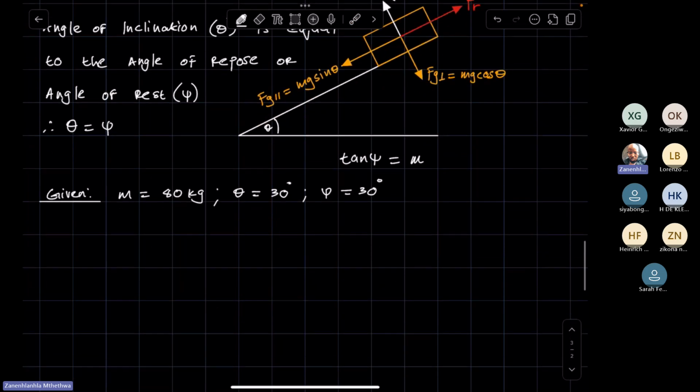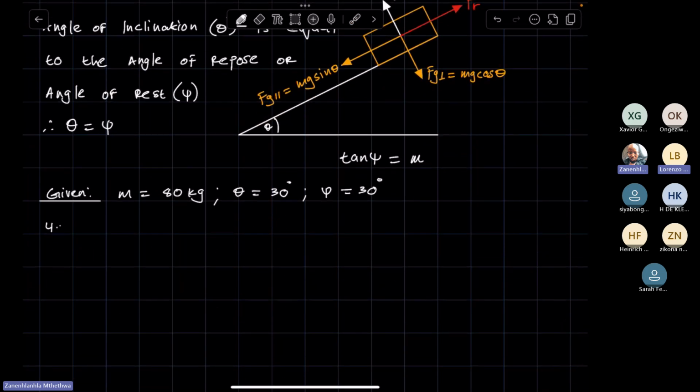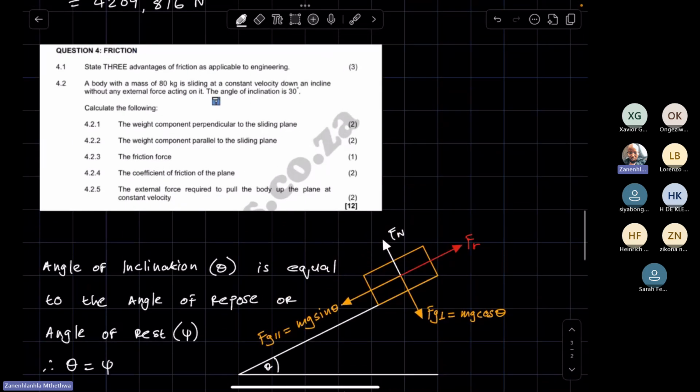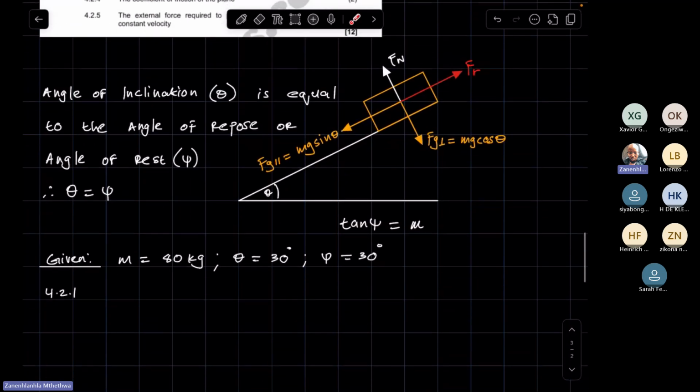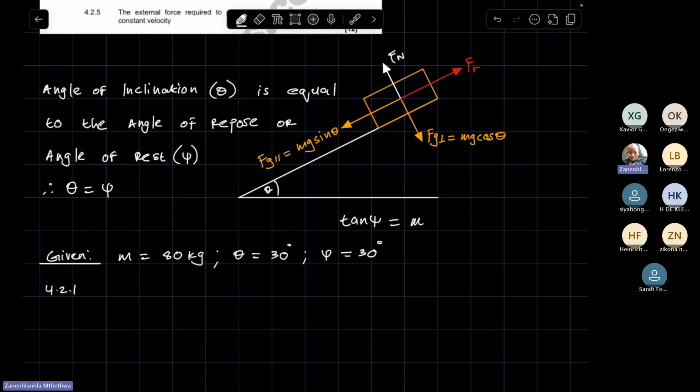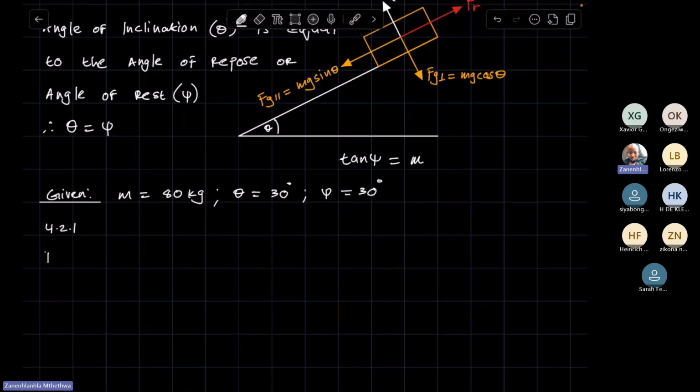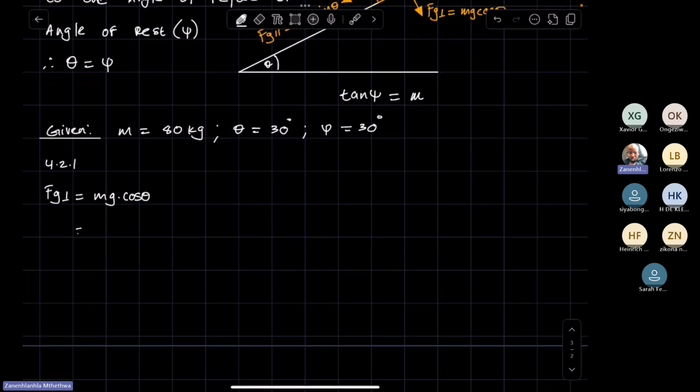Right, 4.2.1. Calculate the weight component perpendicular to the plane. Right, weight component perpendicular to the plane, that's FG perpendicular. So FG perpendicular is equal to mg cos theta, where mass is 80 kgs, g is 9.8, and theta is 30 degrees.